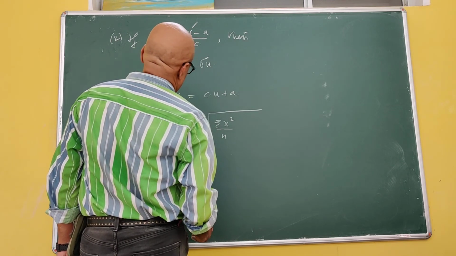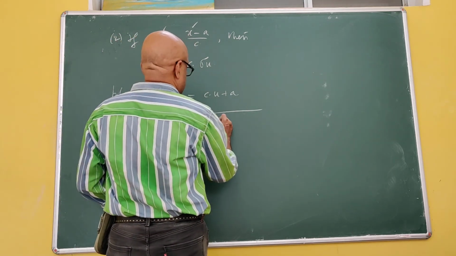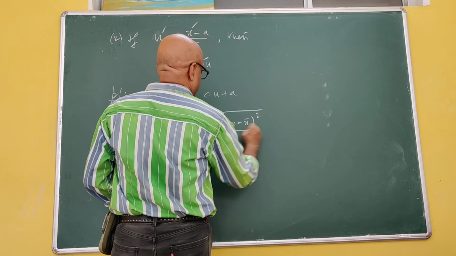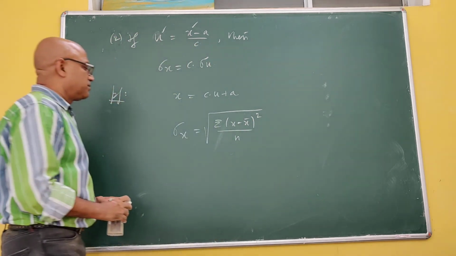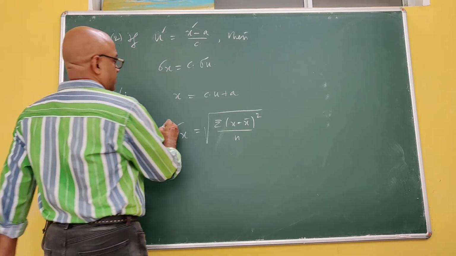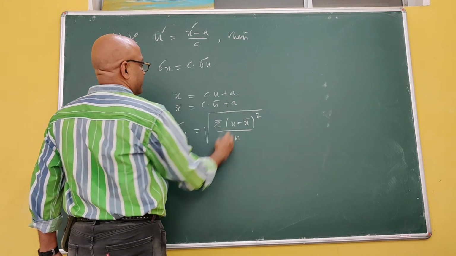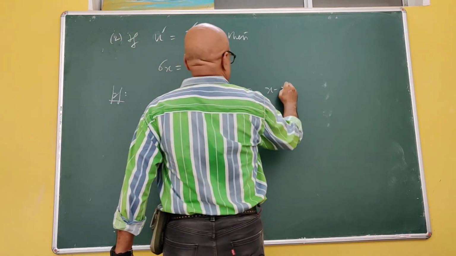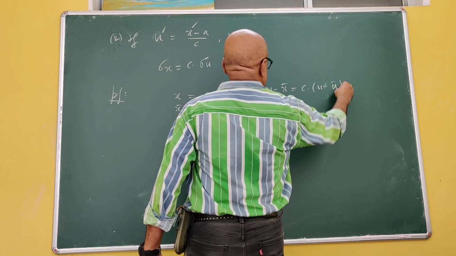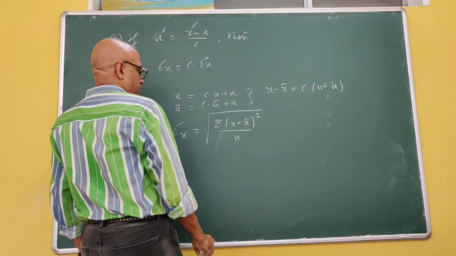Okay, I'll use the other formula, which says that this is summation x minus x bar square divided by n. This is your sigma, right? And just now we have proved that x bar is c times u bar plus a, and together you get x minus x bar is equal to c times u minus u bar. This minus this, right?